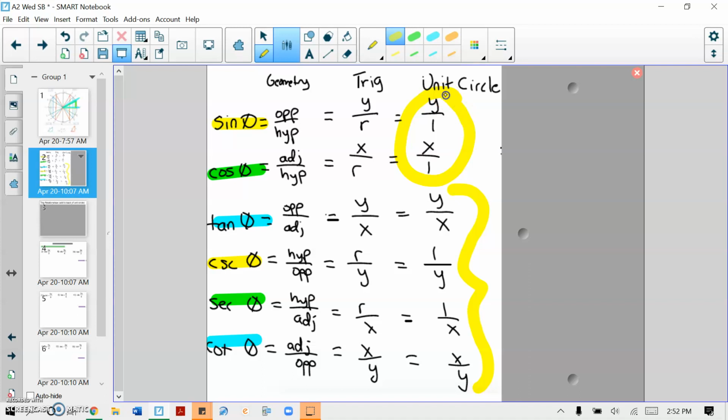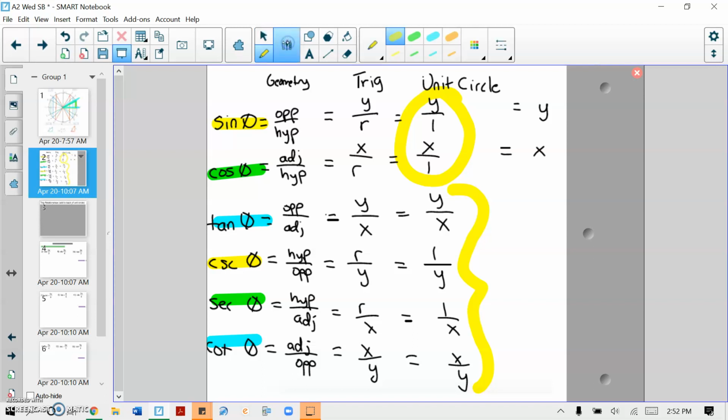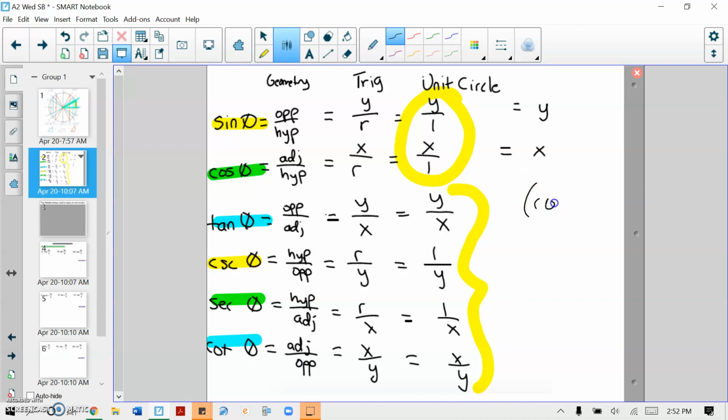Versus look at these guys. We would never leave something as a number over 1, right? We would simplify it. So in this next section, sine of theta is just the y value. Cosine of theta is just the x value. This is going to come into play with what I'm going to call special cases at the end of this video. So underneath this, if you could please write cosine, comma, sine, because cosine of theta is equal to x, sine of theta is equal to y. If you could write that down for me, we'll reference back to that in just a second.